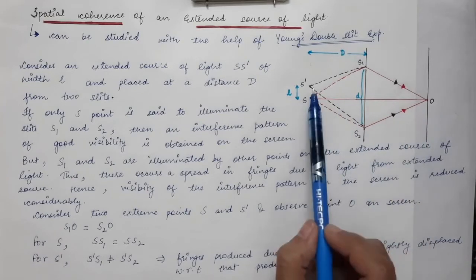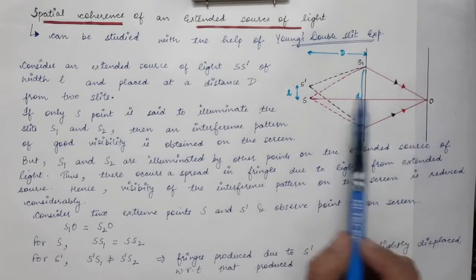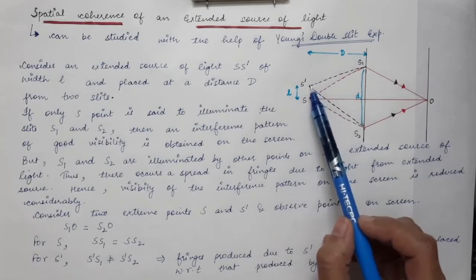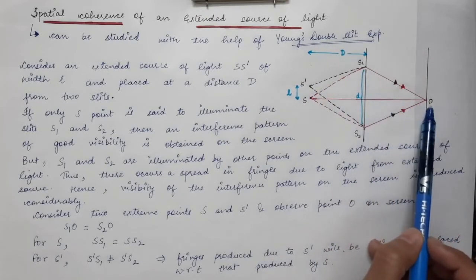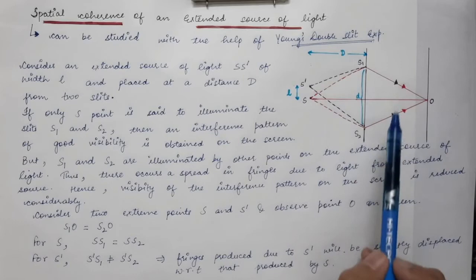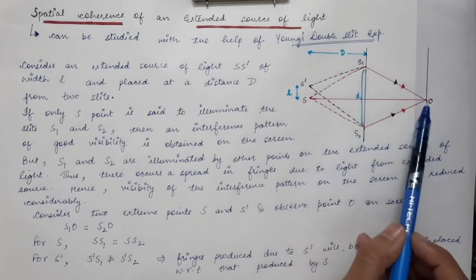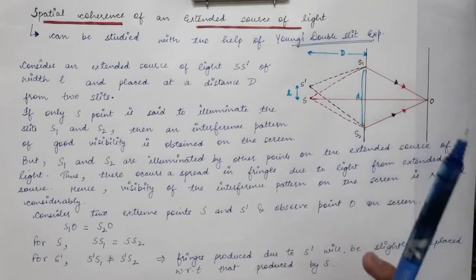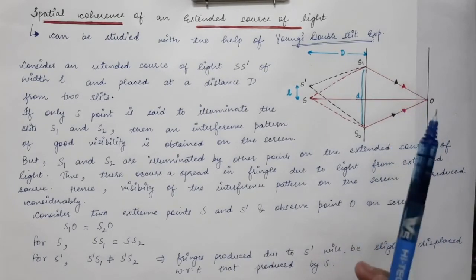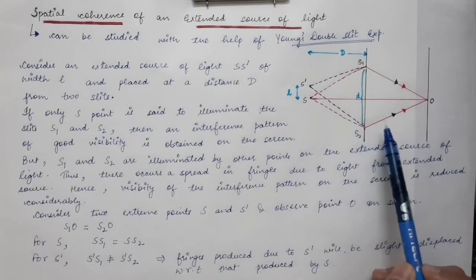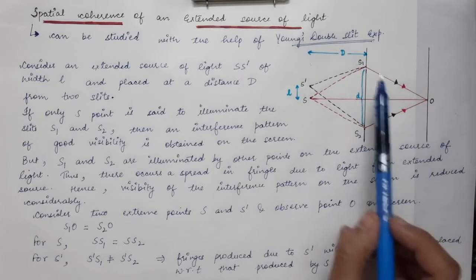The path traveled by one light ray is S'S2 plus S2O, and the other light ray travels a path of S'S1 plus S1O. So the path difference will be this length minus this length, and that difference must be equal to lambda by 2. When you solve it, you will be able to cancel S2O with S1O.